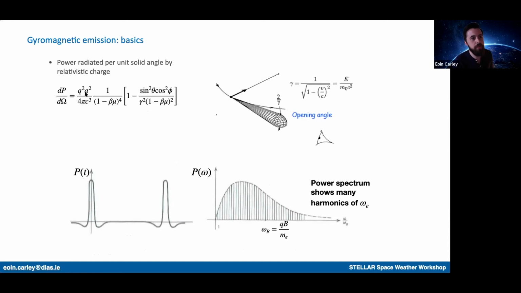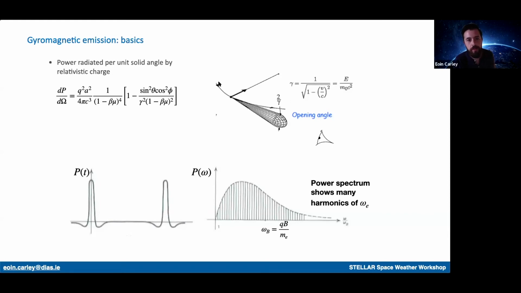We have power per unit solid angle and acceleration, except this time, instead of just our sine squared term, we have a few different terms, including this Lorentz factor out of relativity, okay? It's a bit involved, but what happens is the electron radiation pattern isn't dipolar anymore. It's kind of beamed into one direction. All the power is beamed into this narrow beam here, okay, with very little power on the other side.